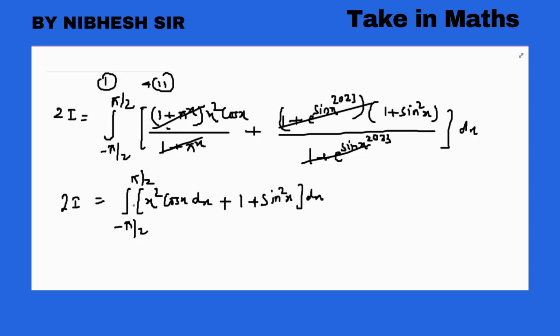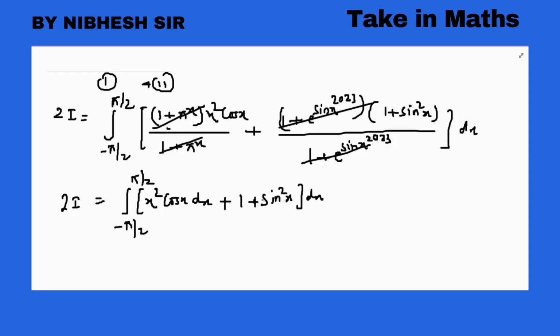Now we can check for even and odd over minus pi by 2 to pi by 2. x square is an even function, cos x is an even function, so the product is even. Sin x is an odd function but sin square x is even, so 1 plus sin square x is even.